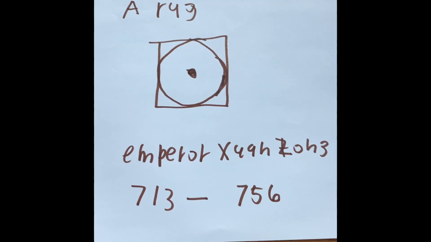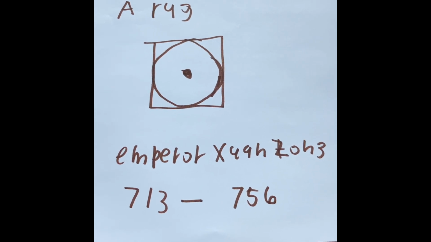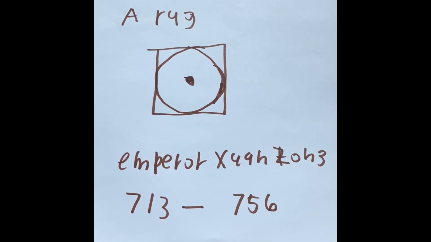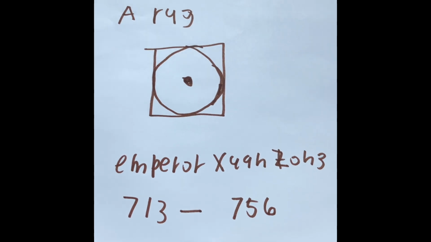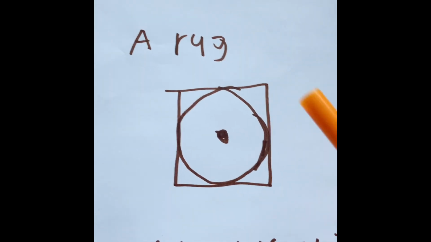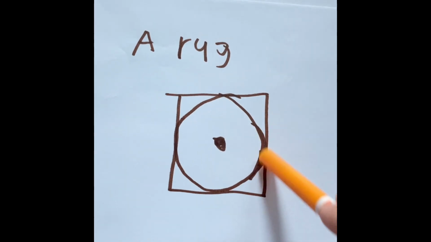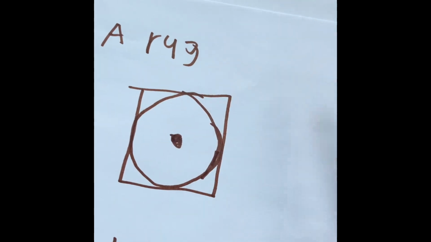But wait, when Emperor Shuangzong was playing the flute with his wife, and he was also dancing on some sort of carpet or a rug, he notices that the rug has a circle and lines that intersect the circle.